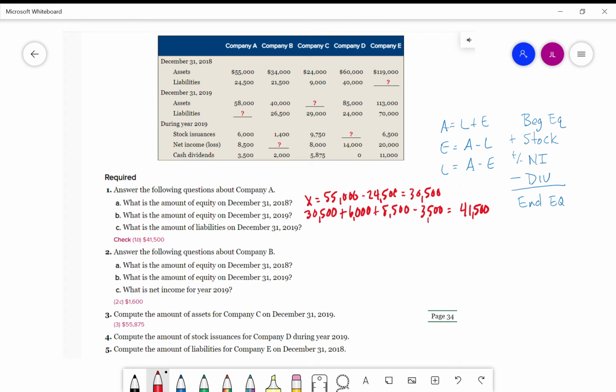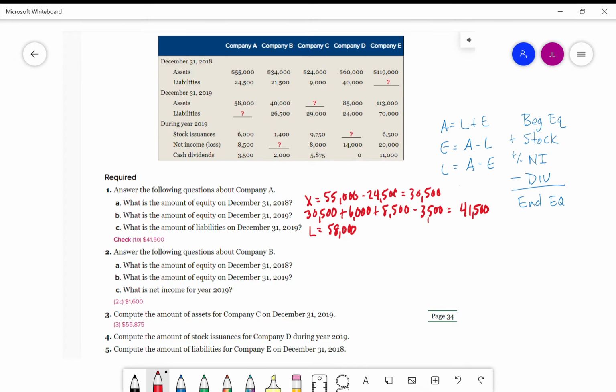Now they ask, what are the liabilities on December 31st, 2019? Remember, liabilities are equal to assets minus equity. We know our assets here are 58,000.